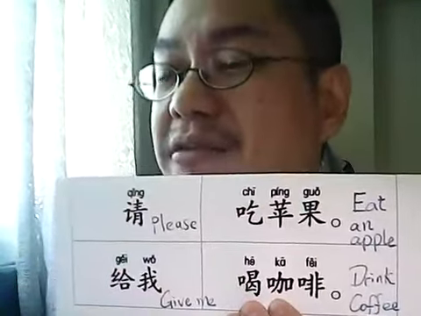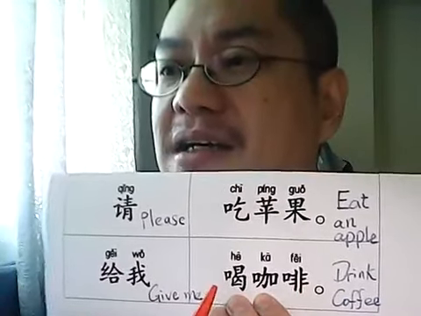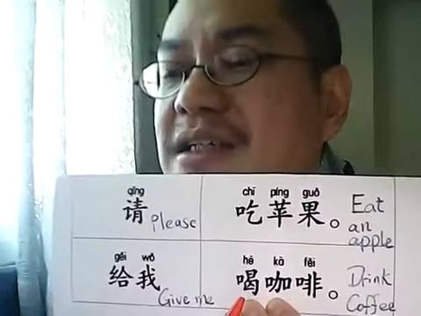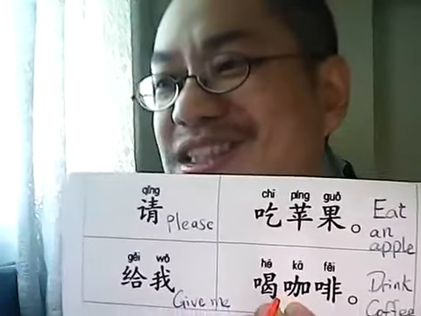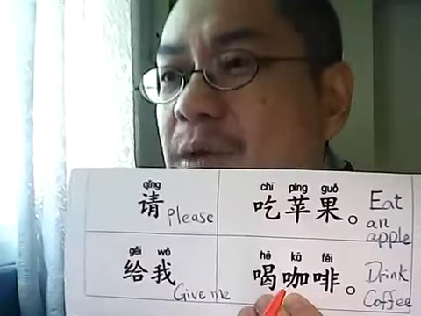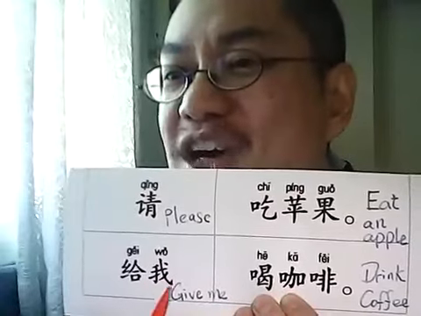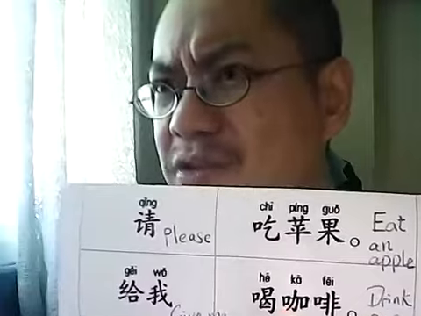For example, 喝咖啡. 喝 means to drink. 咖啡 means coffee, of course. So actually it means drink coffee. So 给我喝咖啡. Ooh, that sounds very strong. Drink coffee. It's like that. So you're giving someone an order.